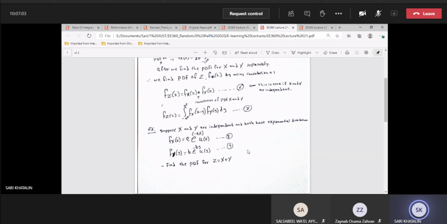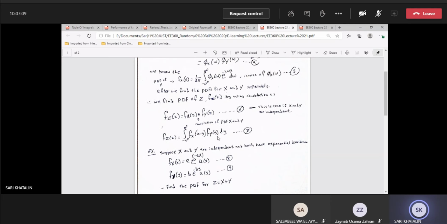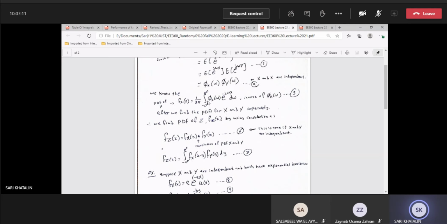Now, let's take just an example to show you how to do it by using the convolution approach. You can do it, like I said, by doing it separately and finding the f of X by taking the inverse as shown in equation 5. This is the inverse of the characteristic function, which we learned back in chapter 3.